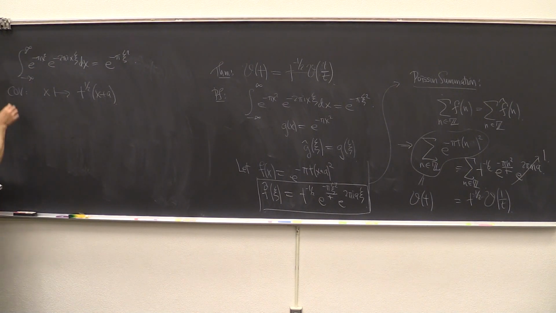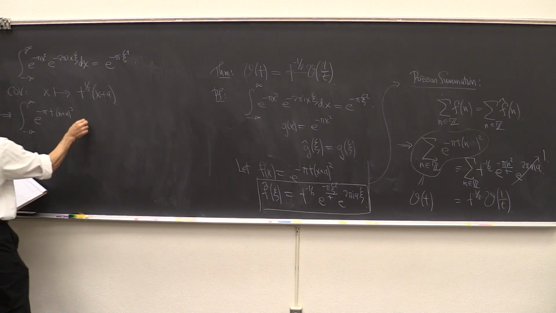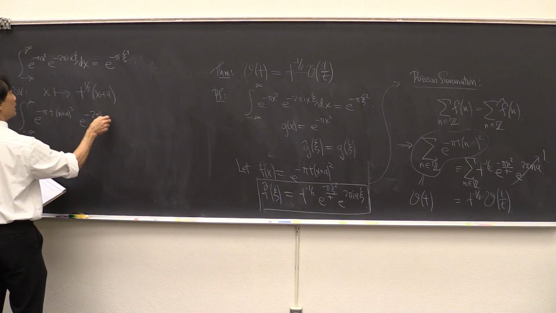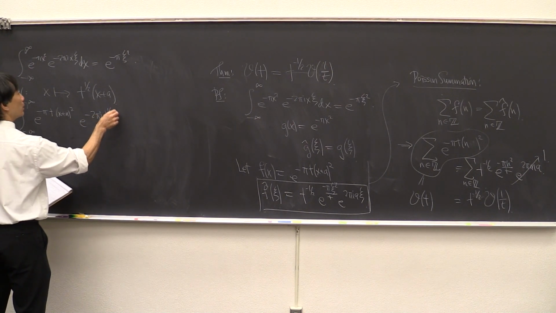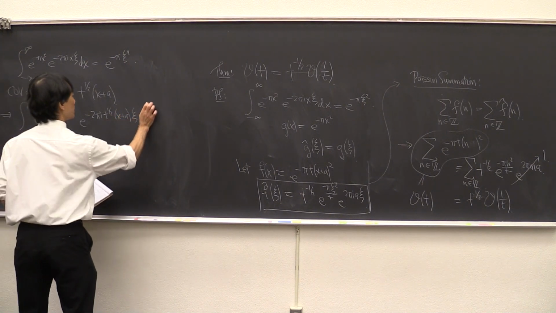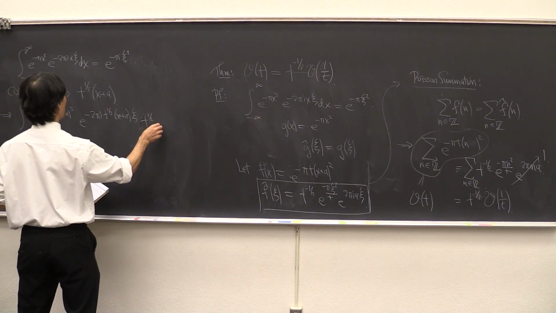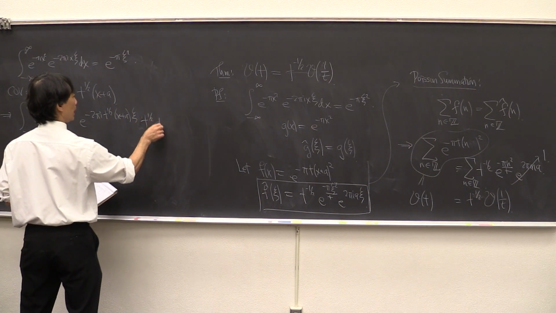So what do you get? Straightforwardly, you get e to the negative pi (t x plus a) squared, e to the negative 2 pi i x c dx, but dx is going to be t to the 1/2 dx.